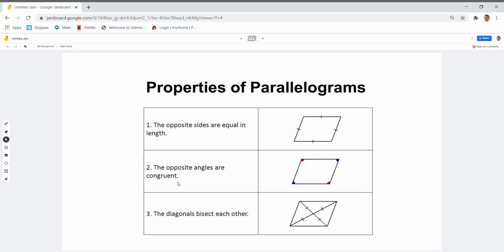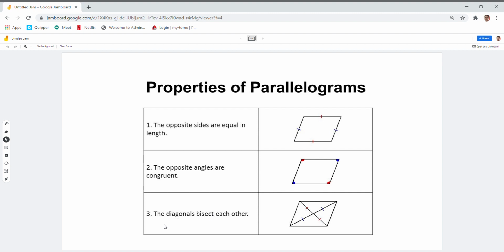Okay. For number two, the opposite angles are congruent. Okay, this is very true also to a parallelogram. The opposite angles are congruent. You see this red angle here and this one that's colored red are opposite angles and they must be congruent. Whatever the measure of this angle is, it is congruent to the measure of the opposite angle.